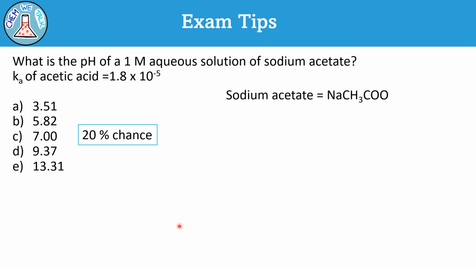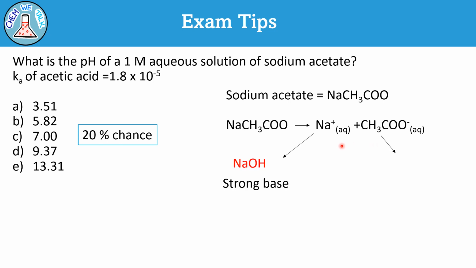So we have sodium acetate, NaCH3COO, and let's do exactly the same process we've done so far. We're going to break it apart into its ions, so Na+ and CH3COO-, and see what base and what acid produced those cations and anions. So Na+ comes from NaOH, which is a strong base, and CH3COO- comes from CH3COOH, which is a weak acid.